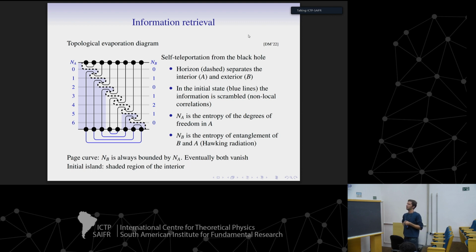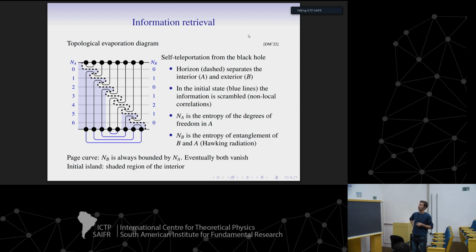Then the process will continue, and you will see that there is no way for the entropy of the radiation to be more than the entropy of the black hole. Here, the entropy of the black hole is just the number of degrees of freedom inside, counted simply by the number of lines inside the horizon. So this number always bounds the number on the right from above.